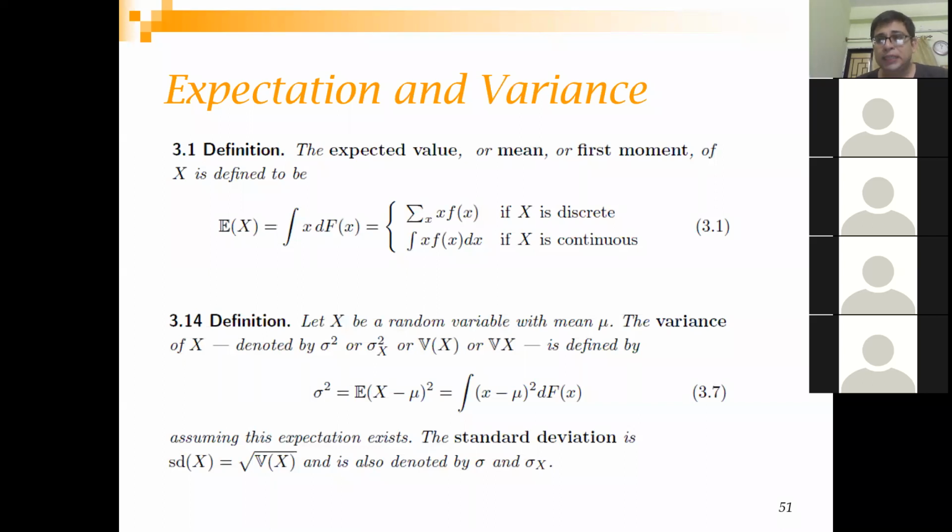Okay, so basically we are now going to discuss a couple of properties of a random variable. So one property is called expectation and another property is called variance. So basically when you have dealt with normal variables, you have looked at mean and standard deviation or maybe mean and variance.